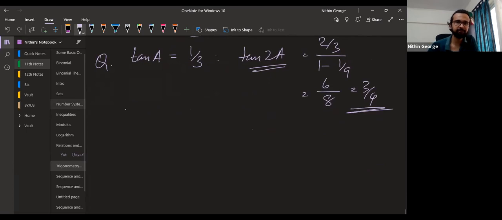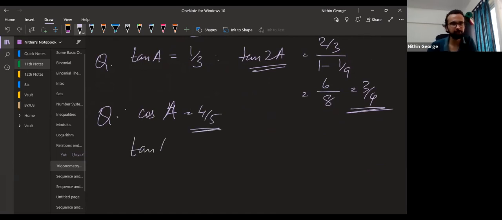Let's move on to the next one. Cos A is equal to 4 by 5. You have to find tan of A by 2. Okay, this will be interesting.